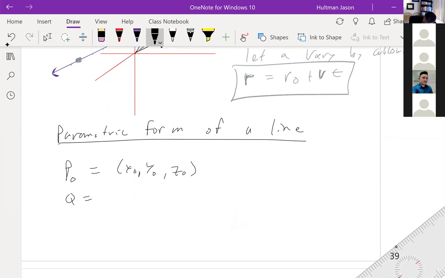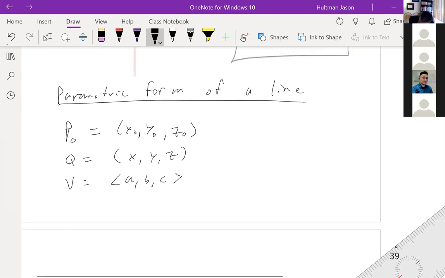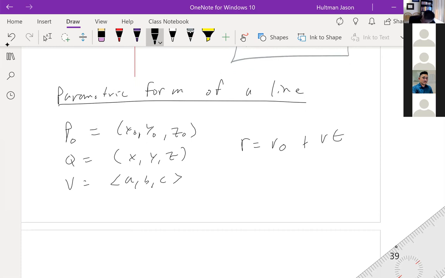I'm going to let Q equal X, Y, Z. I'm going to let Q vary now. And I'm going to let V equal A, B, C. So again, R is equal to R naught plus Vt.